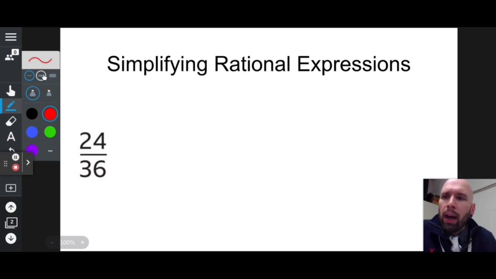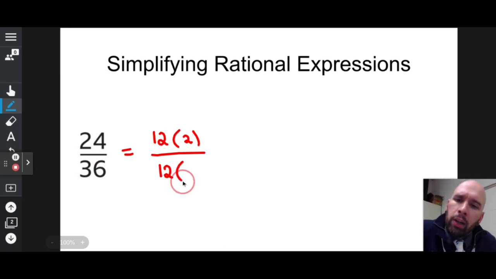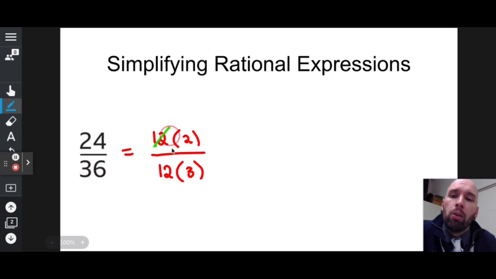I'm going to factor out the greatest common factor, which appears in this case to be a 12. So factor out a 12 up top in the numerator and downstairs in the denominator. If I factor out a 12 from 24, I'm left with 2. And if I factor out a 12 from 36, I'm left with 3. Now, if you're multiplying straight across the numerator or the denominator, anything that's identical gets eliminated.